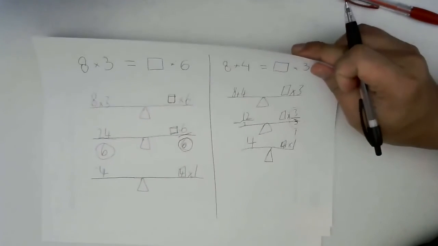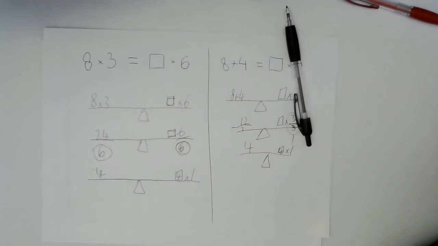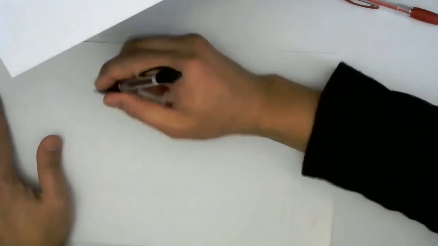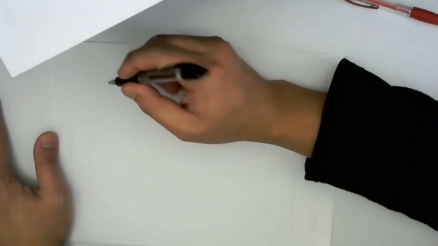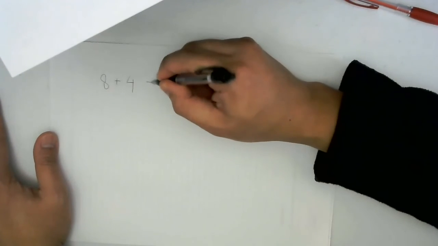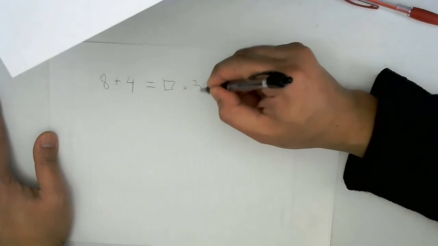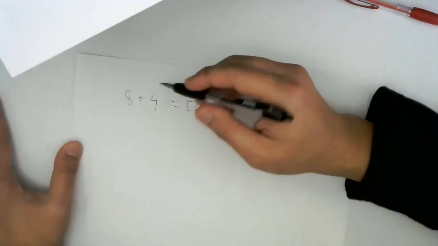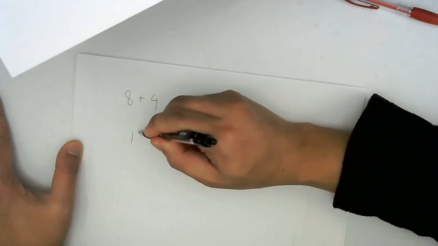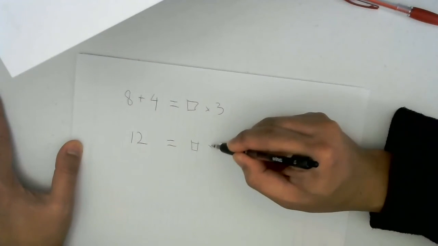Actually, later on when we try to make the equation, we don't need to make the seesaw all the time, because you can just write down this equation. So for example, now we have 8 plus 4 here equals to 12, equals to the box times 3.